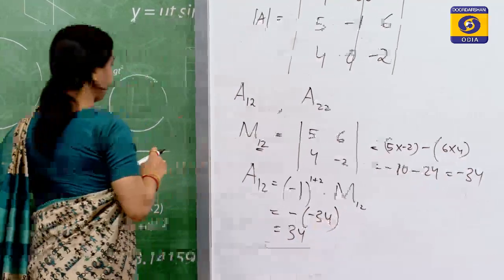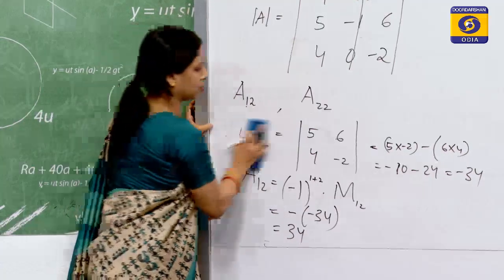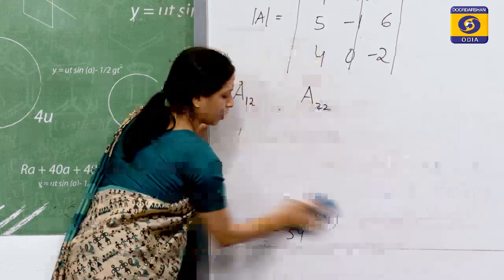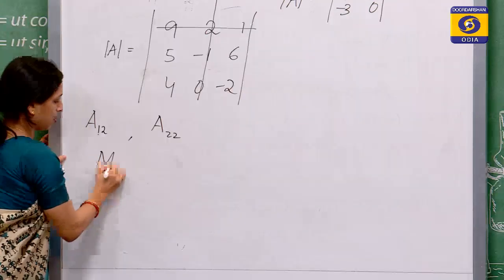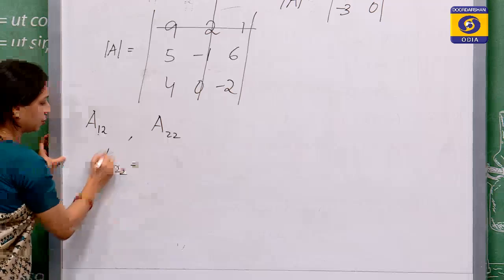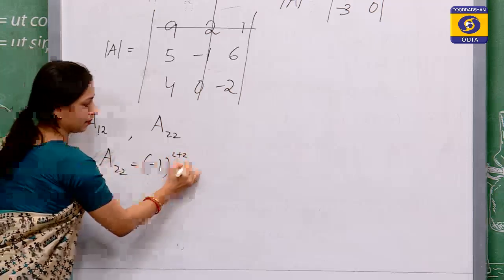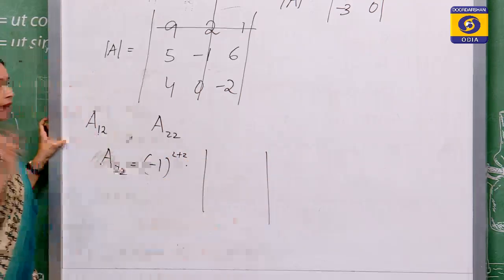Now, let us say next is the cofactor of A22, right. We can directly write A22, then the position sign and then the second order determinant. A22 means second row, second column.